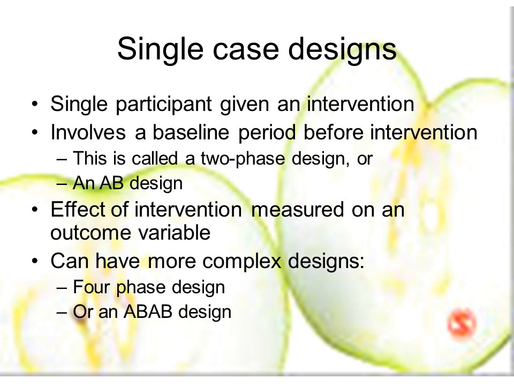Because of this baseline period, it's called a 2-phase design, or an A-B design, meaning A and B. The effect of the intervention is measured on an outcome variable, and you can have more complex designs out of this single case design. You could have a 4-phase design as well, or an ABAB design.